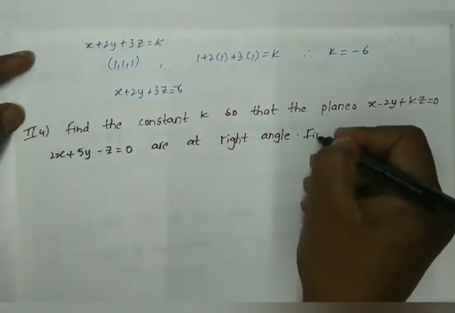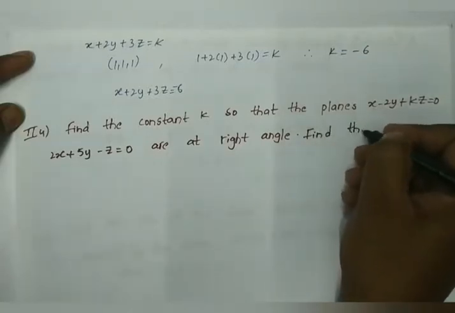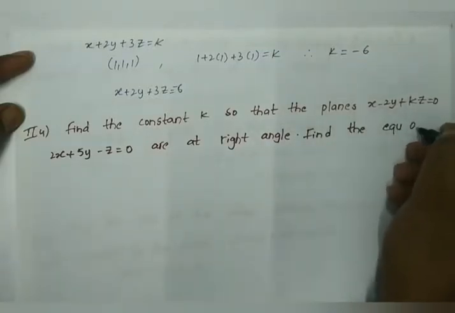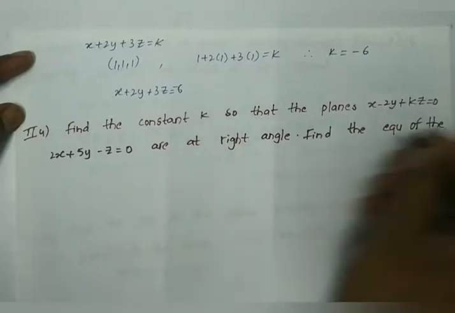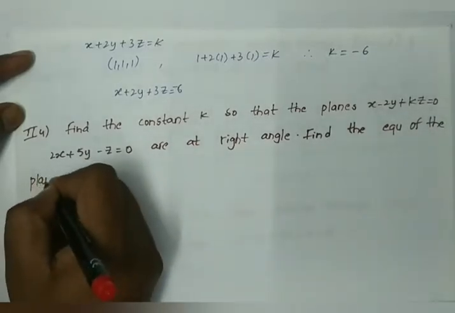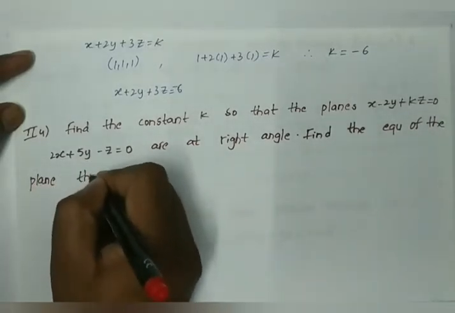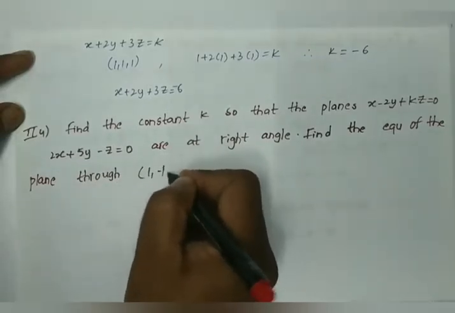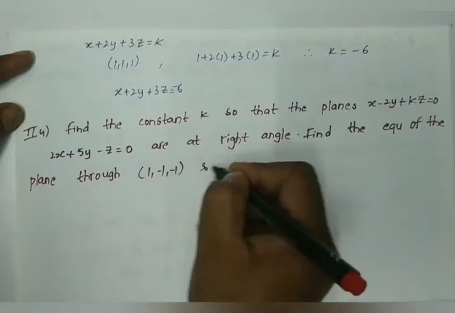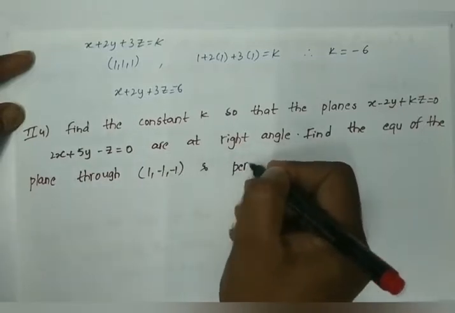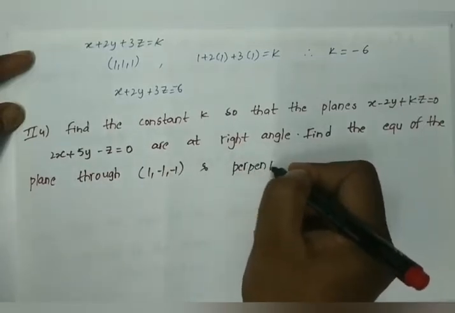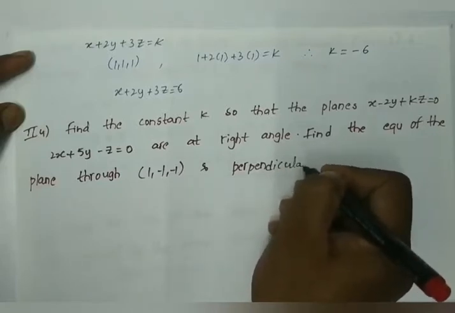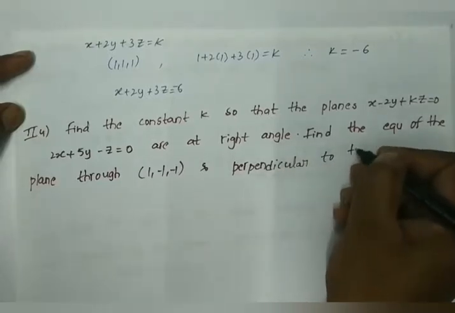Find the equation of the plane through (1, -1, -1) and perpendicular to these planes.